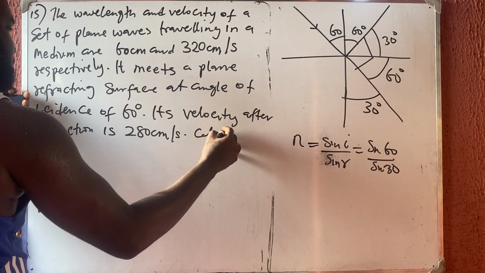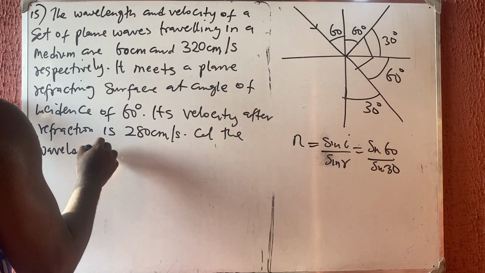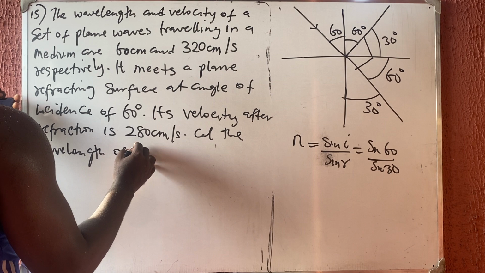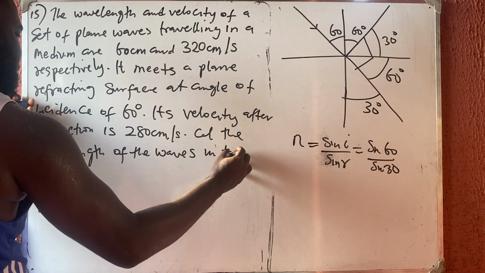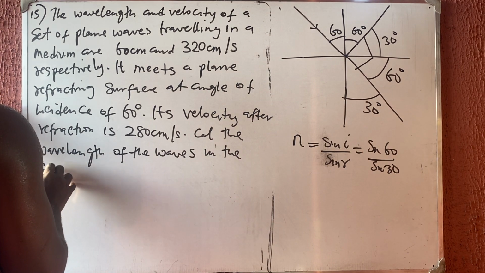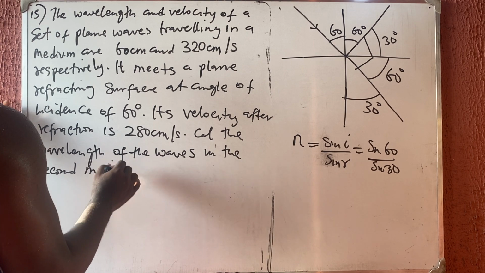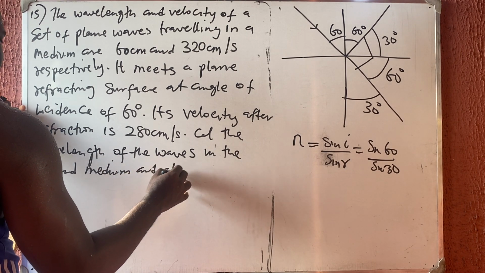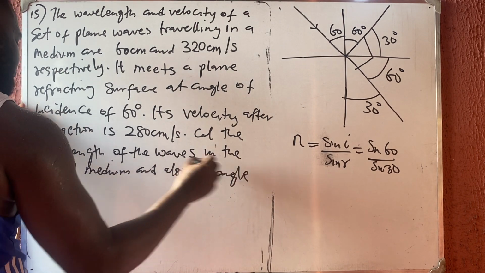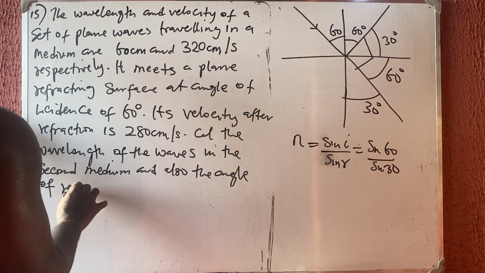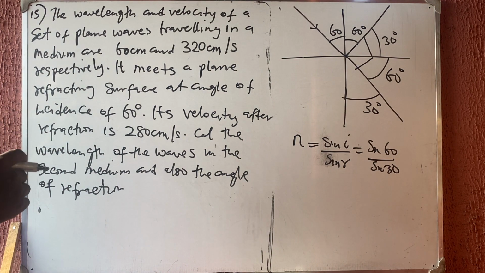Then it says calculate the wavelength of the waves in the second medium, and also the angle of refraction.